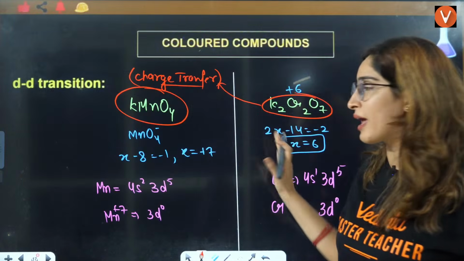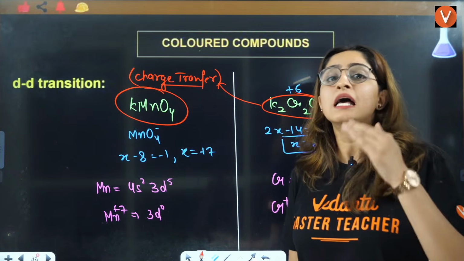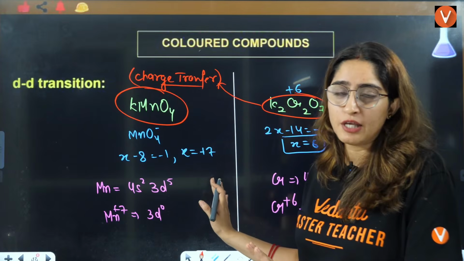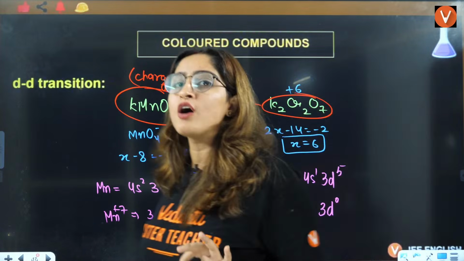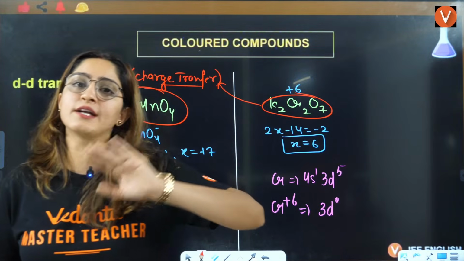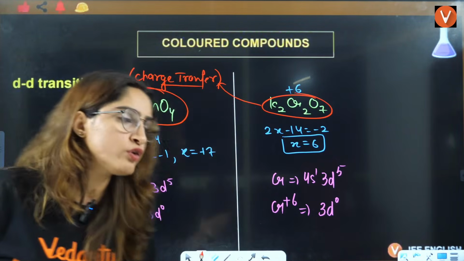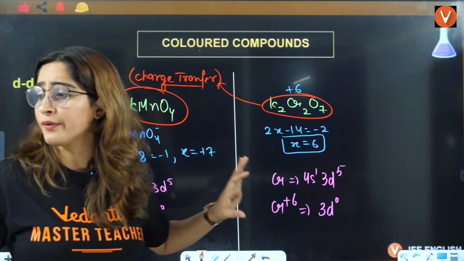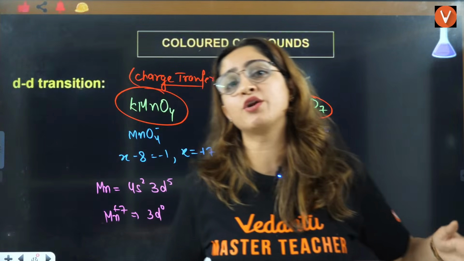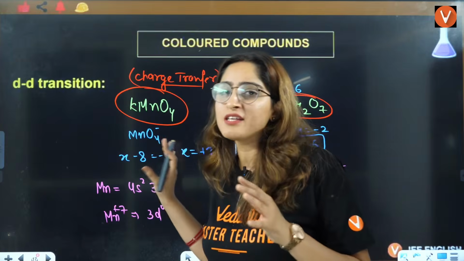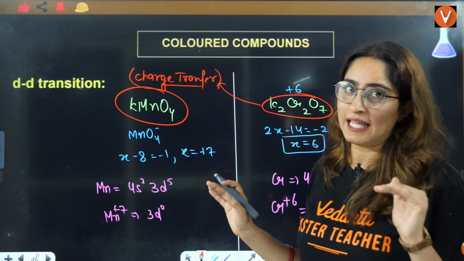In your syllabus you have these two cases, where because of charge transfer it is showing color, not because of d-d transitions. And don't worry, we are going to see this in detail. You can see the name of the lecture is only KMnO₄ and K₂Cr₂O₇, so we are going to study these two things in detail, right?